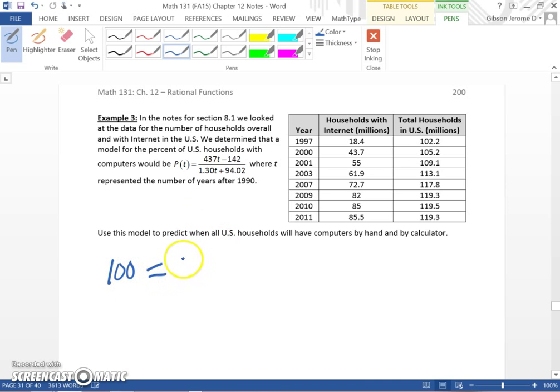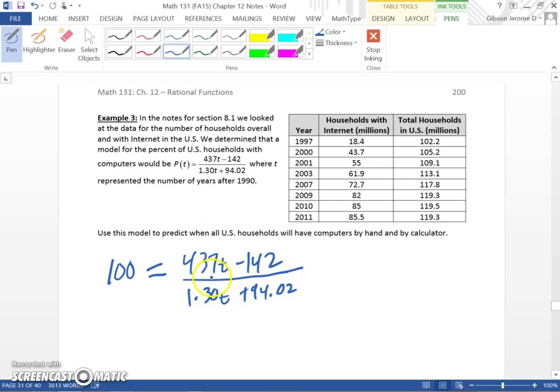So we would have 100 is equal to (437T minus 142) all over (1.30T plus 94.02). Now again, we're trying to find out when this is predicted to take place.